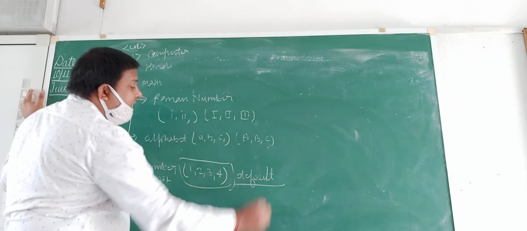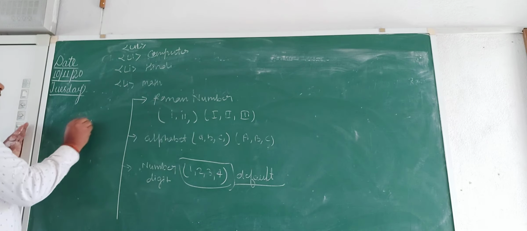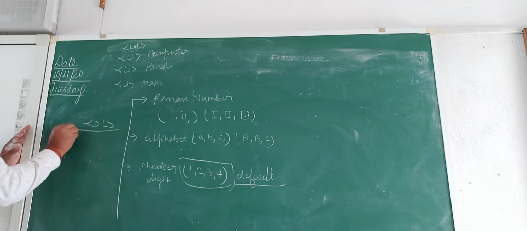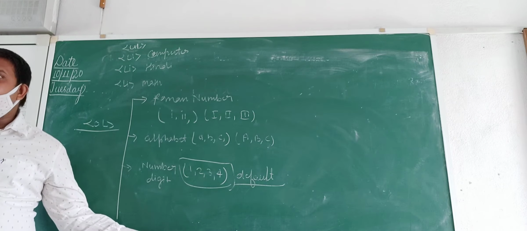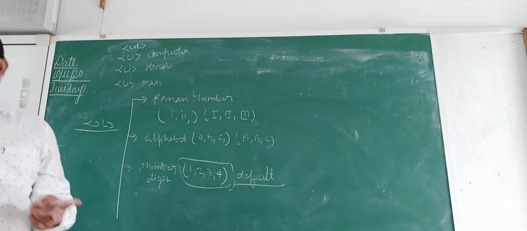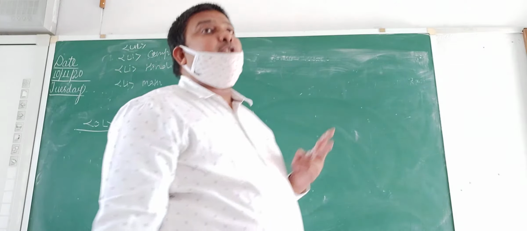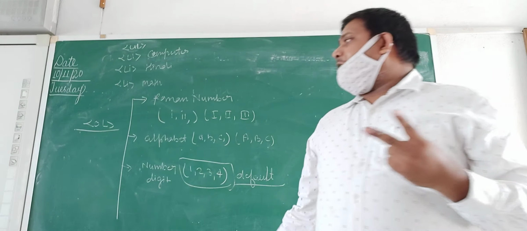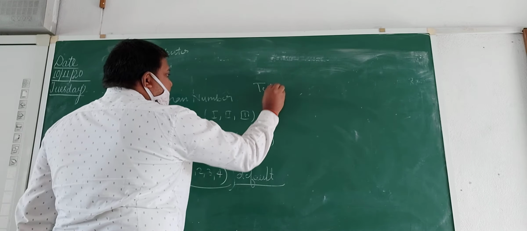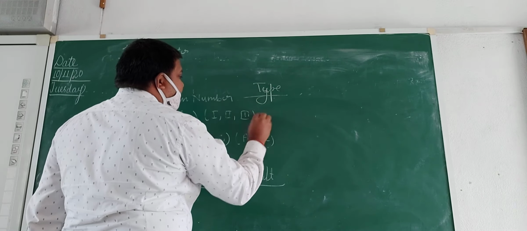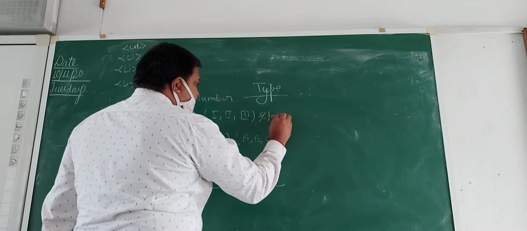Default list means if we use only the OL tag, then which one will come? Numbered list. That is the default one. So in the OL we have two attributes. The first one is known as what? Type, and the second one is Start.